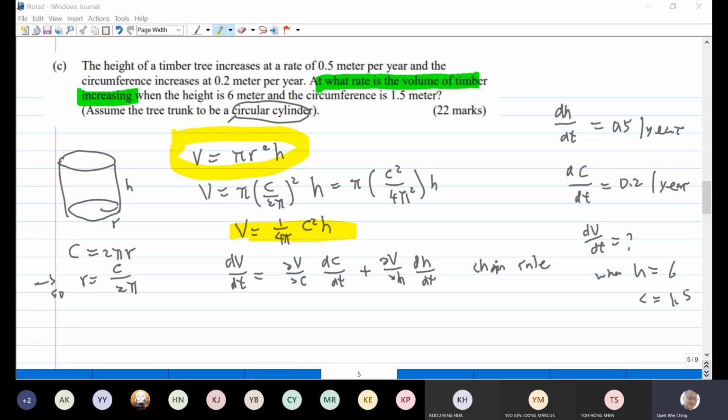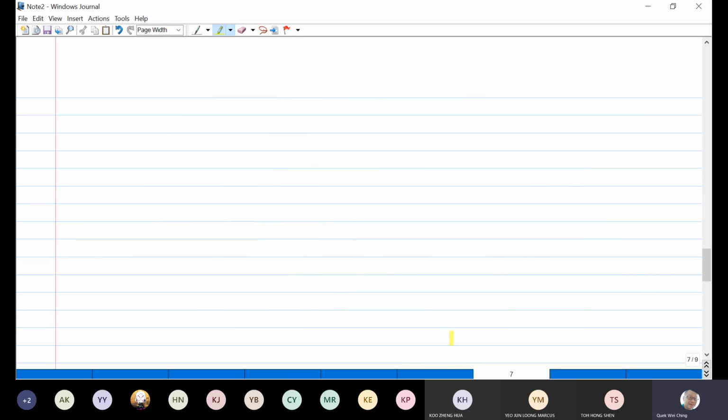Where is this picture? Go to the last page here. Yeah, this is the page here. So I'll go to 4b now. Insert the page here. 4b.